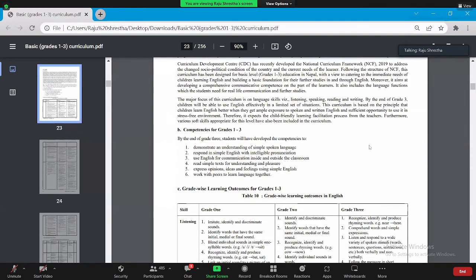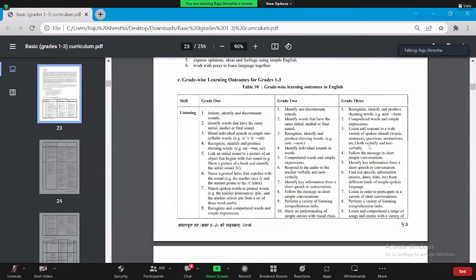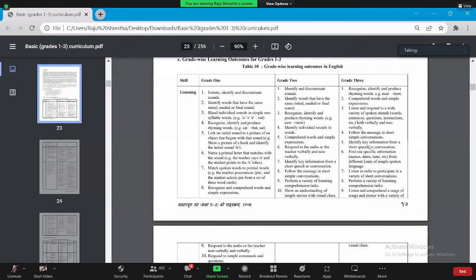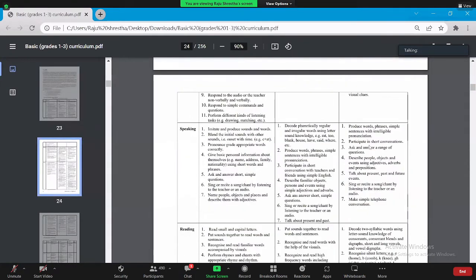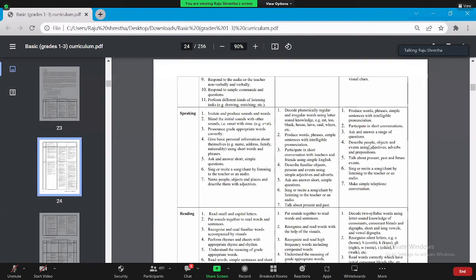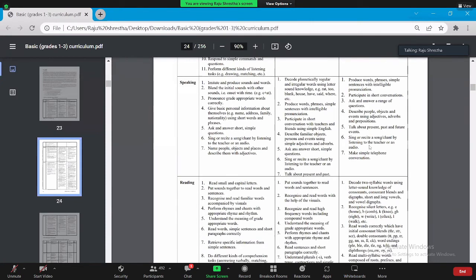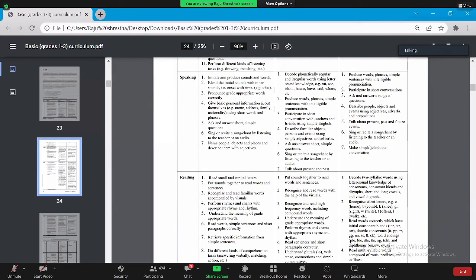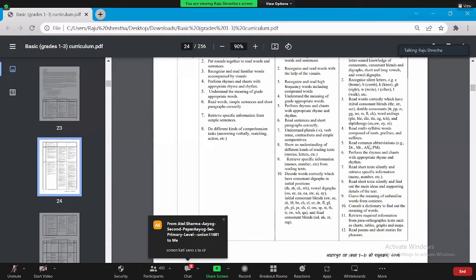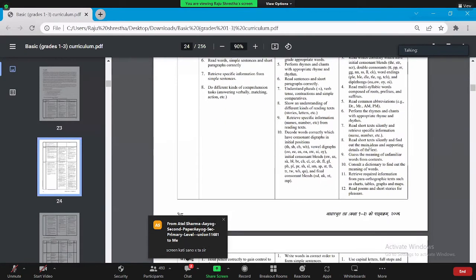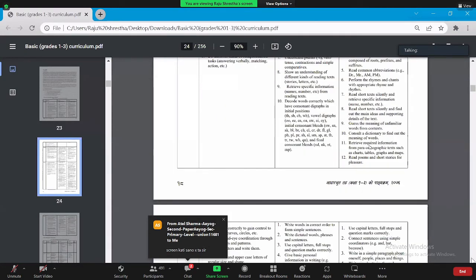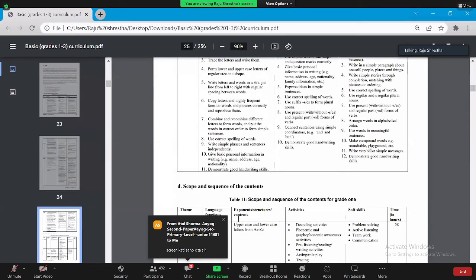Learning outcomes are here, competencies are here, reading and writing. This is the scope and sequence of content.